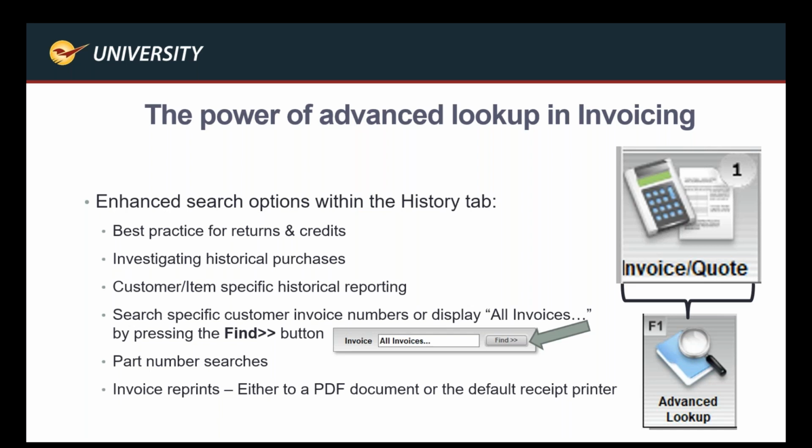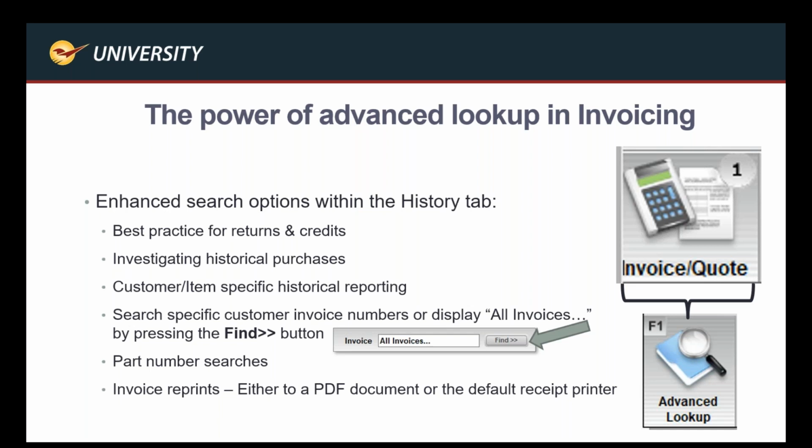If you don't search for anything and just hit Find, it will bring up a list from the most recent to the oldest invoice in the Advanced Lookup window under the history tab, which is pretty neat. So you can see all their sales history right from the invoicing module. You can also do part number searches and find very specific times when this customer bought this particular item.